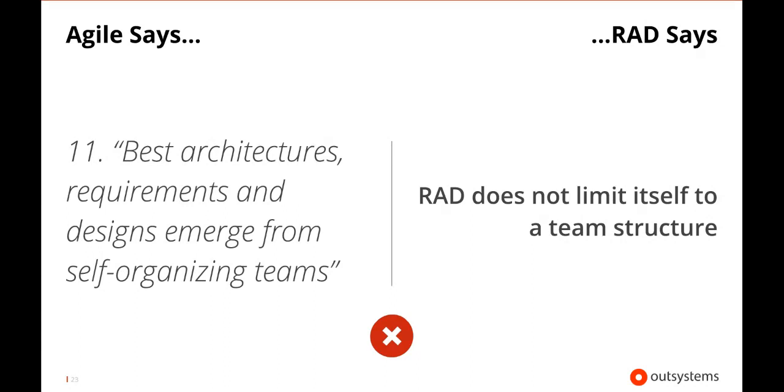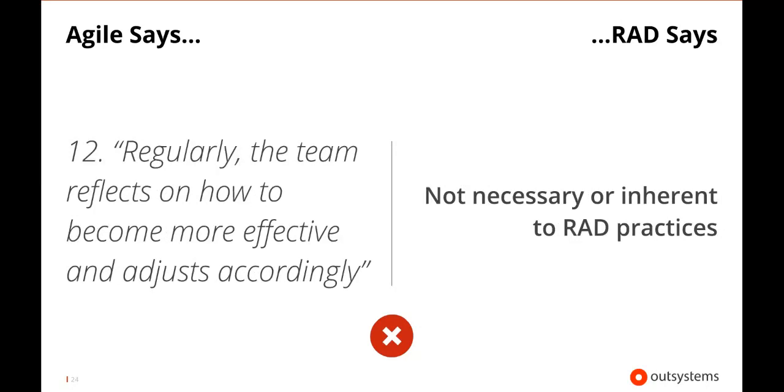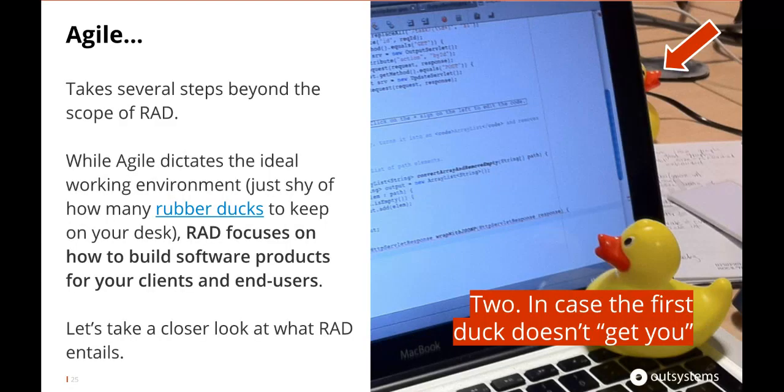And Agile says that the best architecture, requirements, and designs emerge from self-organizing teams. RAD does not have an opinion on the team structure. And lastly, the team should reflect on how to become more effective and adjust accordingly. Again, not really something that RAD discusses, not about team makeup, location, pace. A lot of the interpersonal workings of a team are left to the practitioner of RAD.